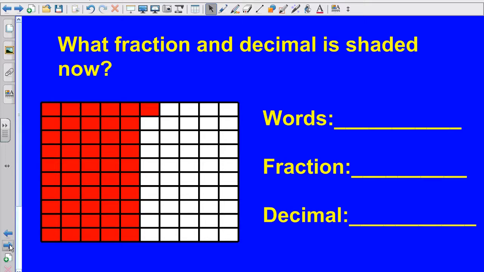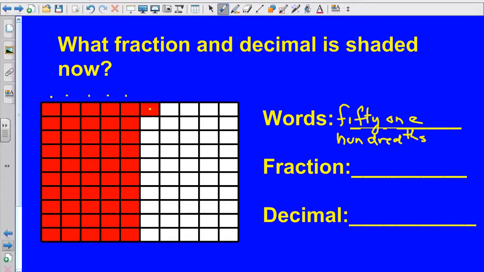Ryan, each one of these columns is 10. And then there's that one there. So how many do you think we have here? 51 hundredths. Perfect. So 51, I ran out of room, I'll put it under here. Hundredths. THS. Okay?